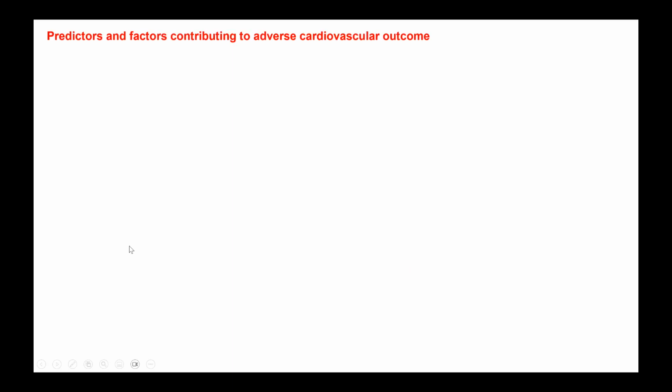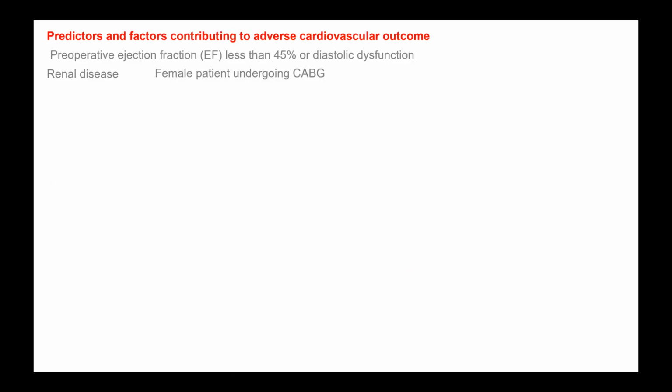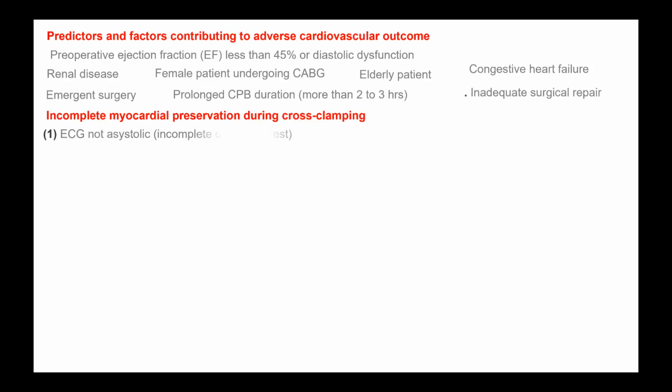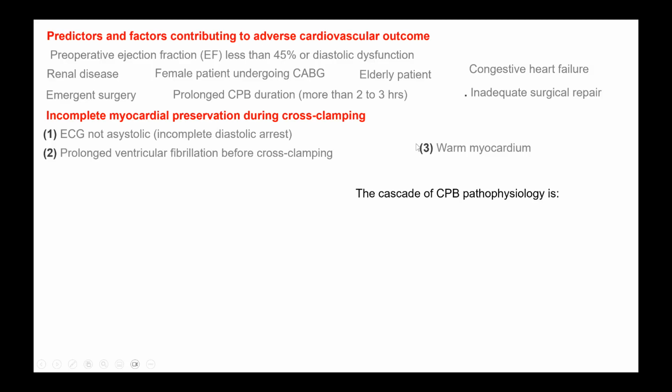Predictors and factors contributing to adverse cardiovascular outcome are a very low pre-op ejection fraction, diastolic dysfunction, existing renal disease, female sex, elderly age, congenital anomalies, emergent surgery, prolonged CPB duration, and inadequate surgical repair. All these are causes for unsatisfactory outcome. Also, incomplete myocardial preservation during cross-clamping: ECG not asystolic, incomplete diastolic arrest, prolonged ventricular fibrillation before cross-clamping, and warm myocardium.